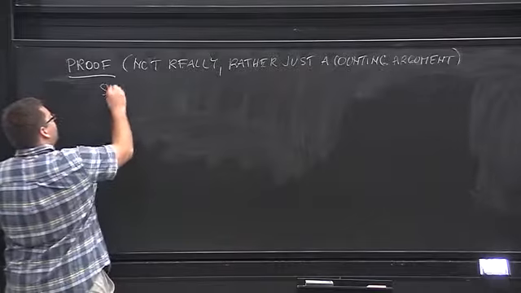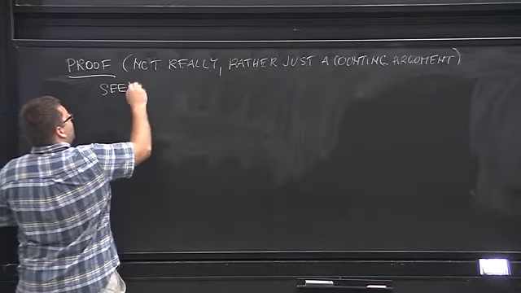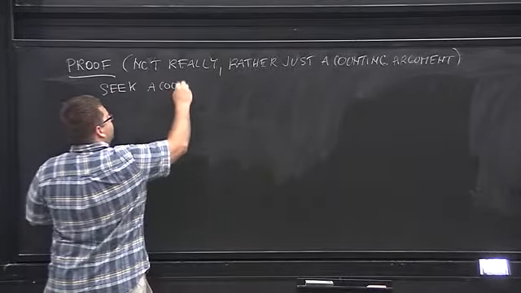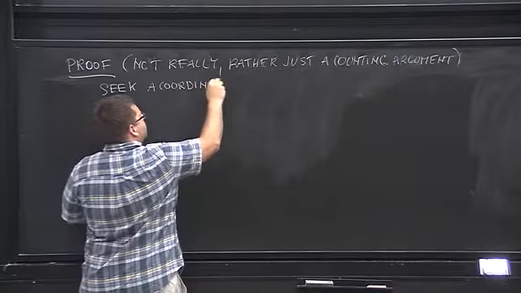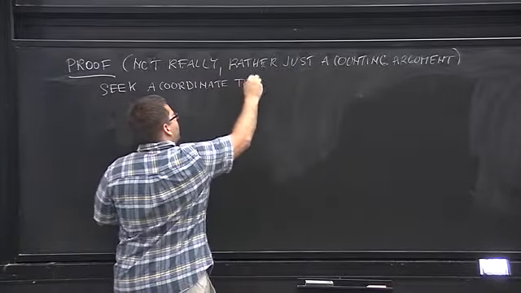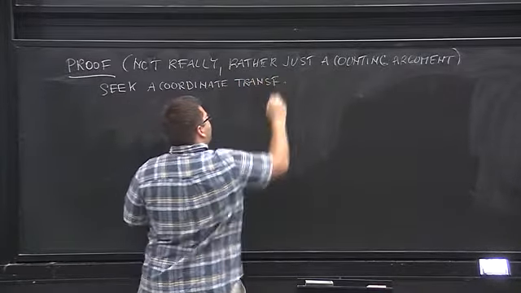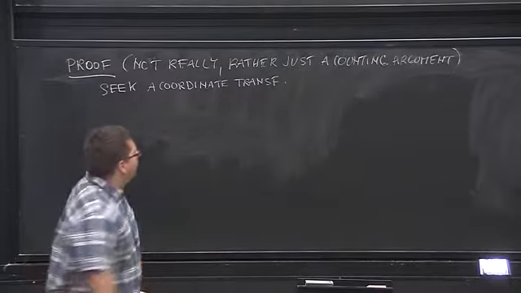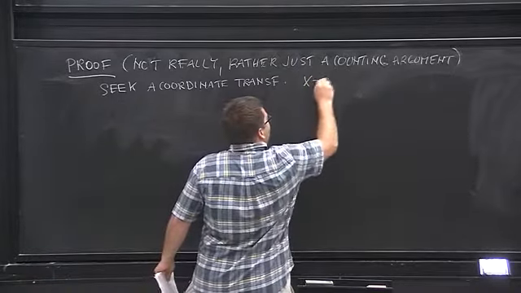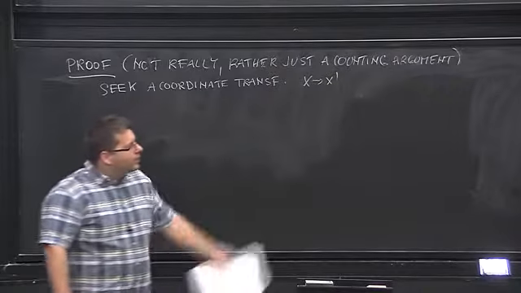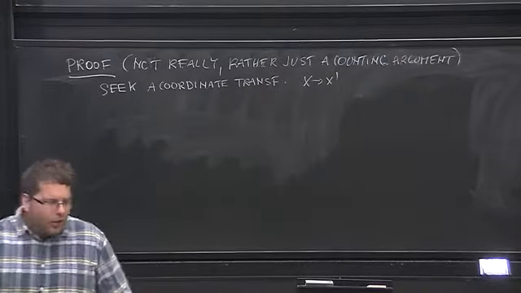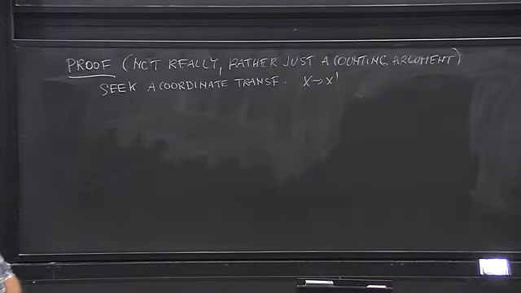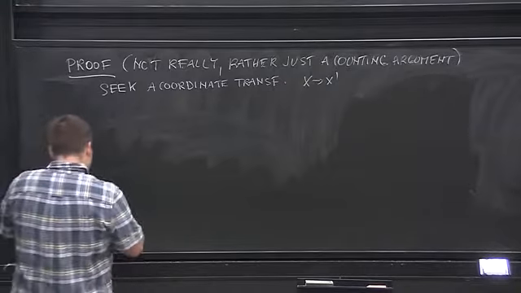So seek a coordinate transformation, let's say from x to x prime, so that in my new x prime coordinates, that thing will be true. Okay, so without loss of generality, I can place the point P in the origin of both coordinate systems, at x and x prime.